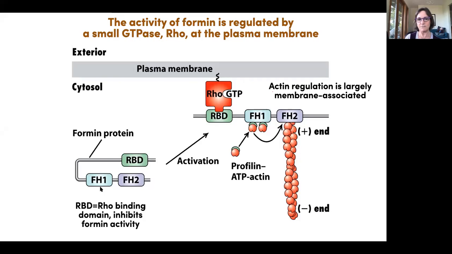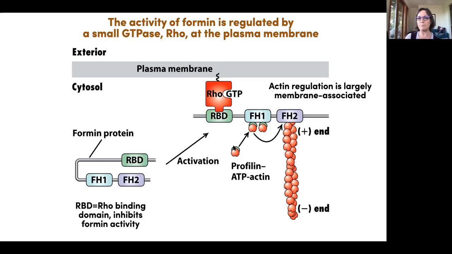In this case, it only shows formin homology 1 and formin homology 2 domains, and it's showing what they do. So the formin homology 2 domain allows the formin protein to remain associated with the growing end of an actin filament. The FH1 domain in this case binds to profilin actin and helps to deliver it to the growing end. And as with WASP, the GTPase binding domain acts like an inhibitor of these other domains unless it's bound to an active GTPase.